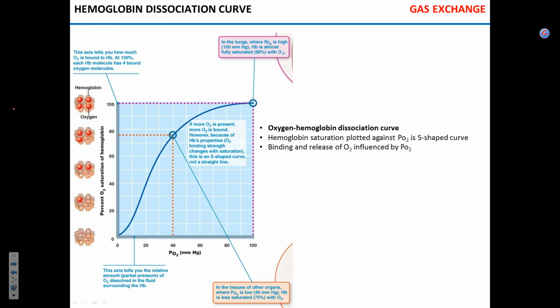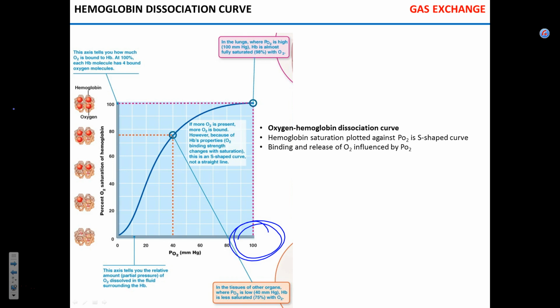So, let's take a look at the curve. If anything seems confusing, stop me immediately. Partial pressure of oxygen is 100 millimeters of mercury.